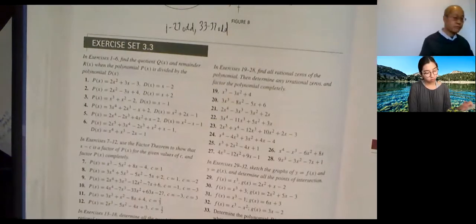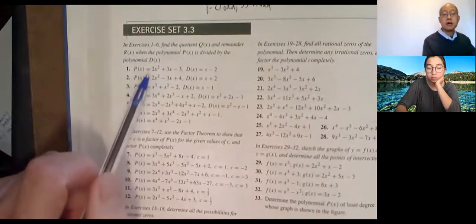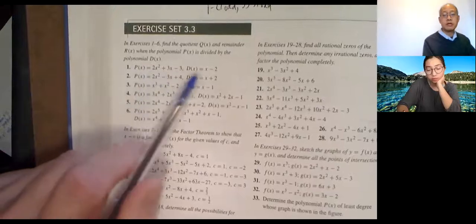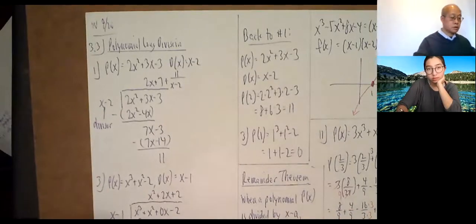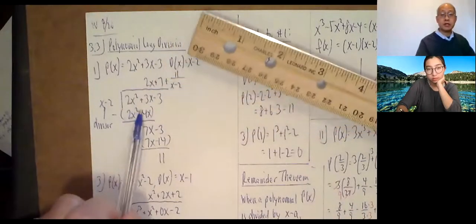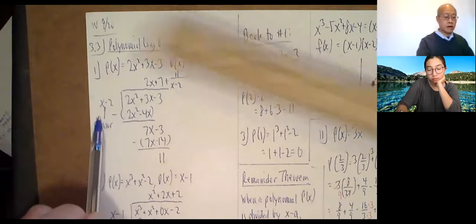So how is that done? So problem number 1, 2x squared plus 3x minus 3 divided by x minus 2. So I'll show you the process here.